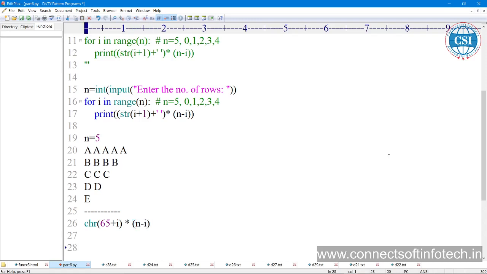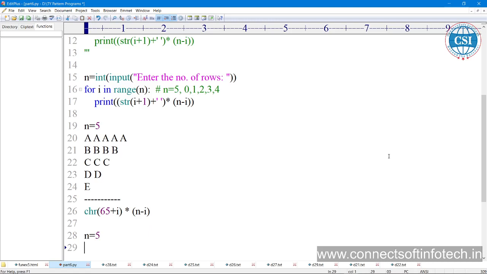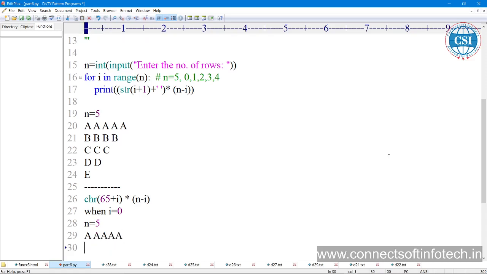So if you enter n is equal to 5, we get A how many times? 5 minus i, and i is 0 initially. In the first loop we will get A 5 times.